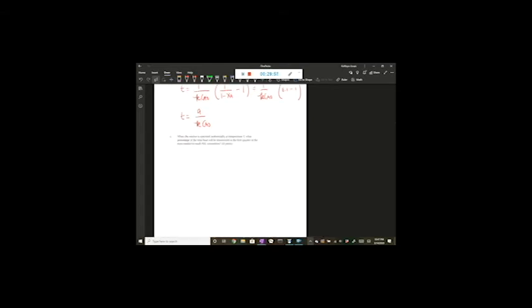All right, next we are going to answer part C. In this part, we are looking for the percentage of the total heat that will be transferred in the first quarter of the time needed to reach 90% conversion if we are at isothermal conditions. Now, under isothermal conditions, based on our heat balance, the heat produced Q will be equal to delta HR X FA naught, or in this case, X NA naught, because we're in a batch reactor.